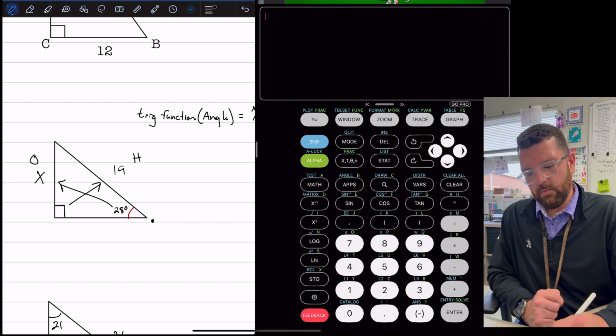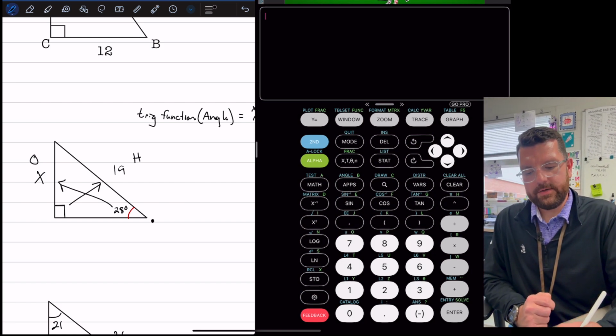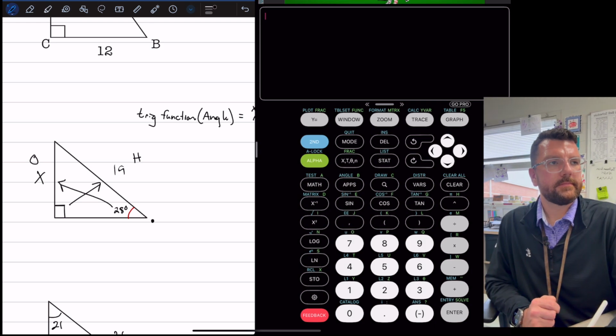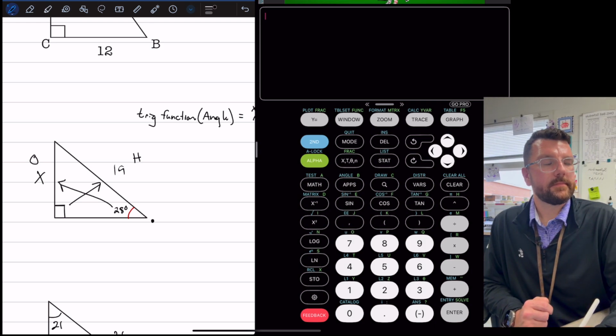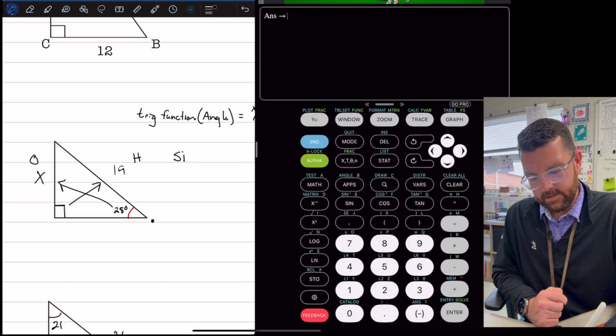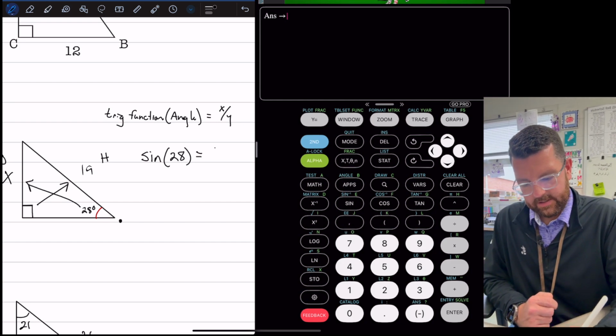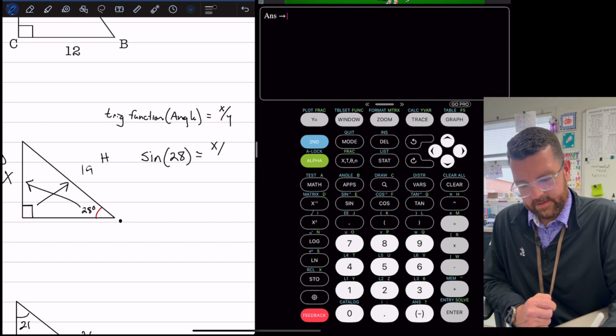So what function of trigonometry uses opposite and hypotenuse? Sine does. Good job.